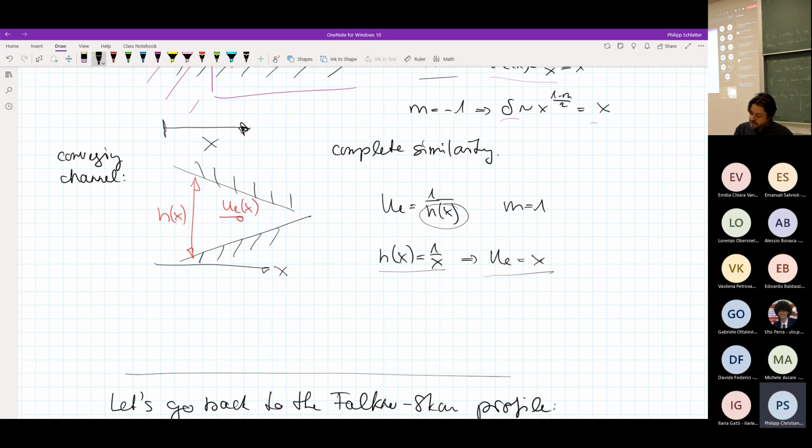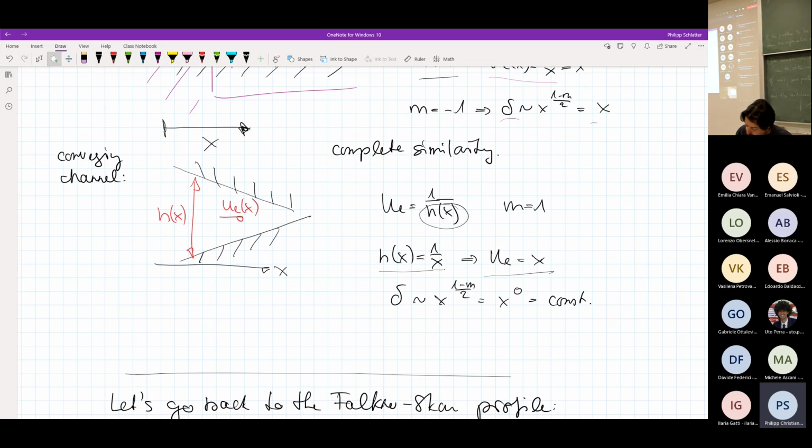And of course, now comes the question, what would delta do in this particular case? We know that delta is proportional to x to the (1 minus m) divided by 2. When m is 1, we would get x to the 0, so in the end we would have a constant. So actually now I realize that maybe we should turn that around.